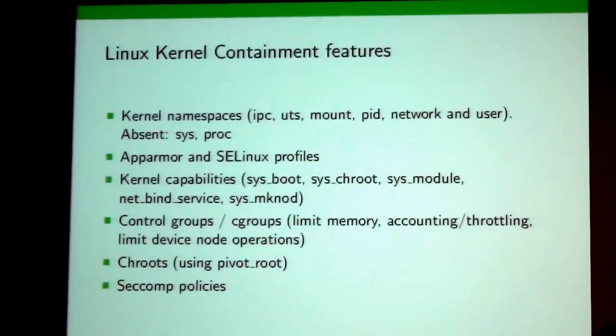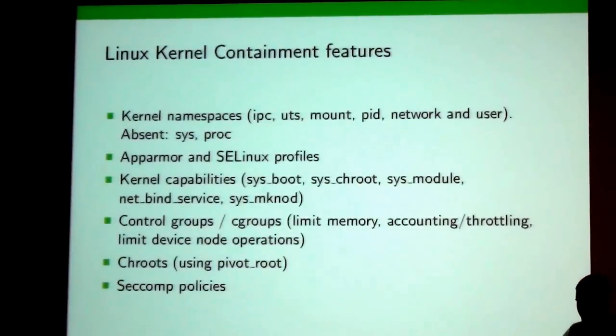Kernel capabilities are a feature that came into Linux in 2.6-something. Previously, you were UID 0 and you could do anything, or you were not UID 0 and you were very heavily restricted. Kernel capabilities were a way that a process that was root, or had access to certain things, could give them up.